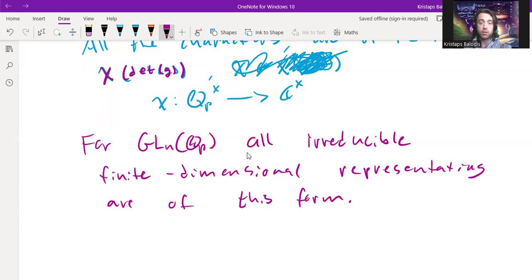But for the p-adic groups, at least all of our smooth, irreducible, finite dimensional representations are of this form. So interesting. That means that in order to get at the more interesting representations of these groups, we're going to need to study some infinite dimensional representations.